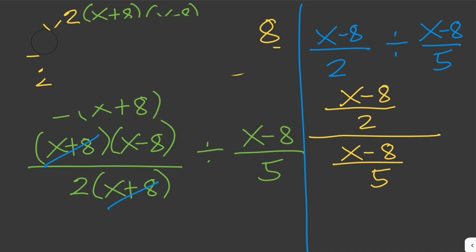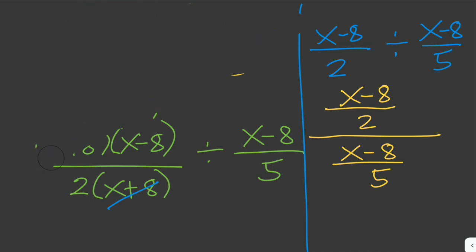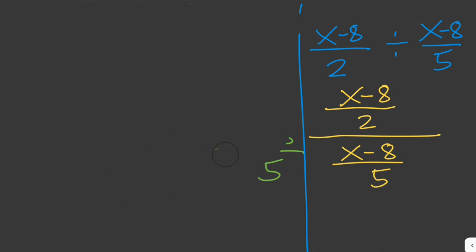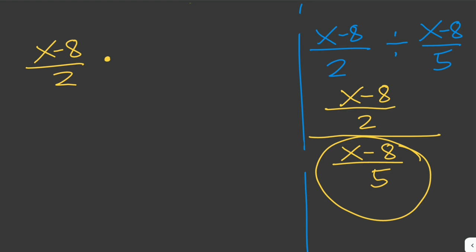And then we can write that as x minus 8 over 2. We change the operator sign from division to multiplication, and then we flip the divisor, or get the reciprocal of it.